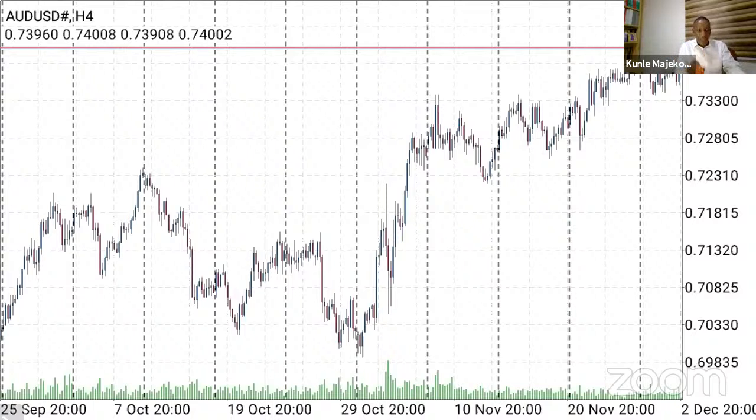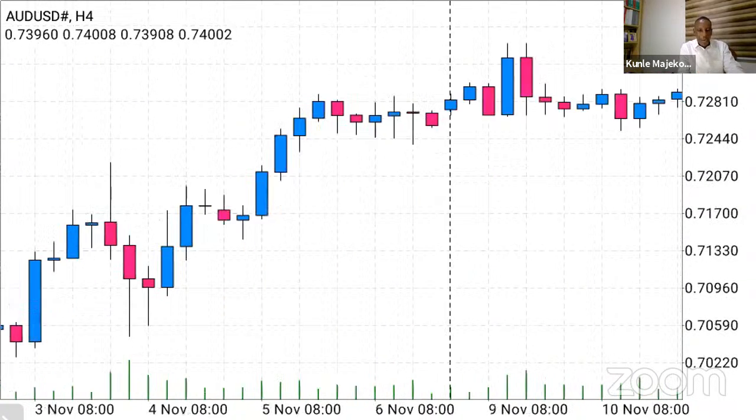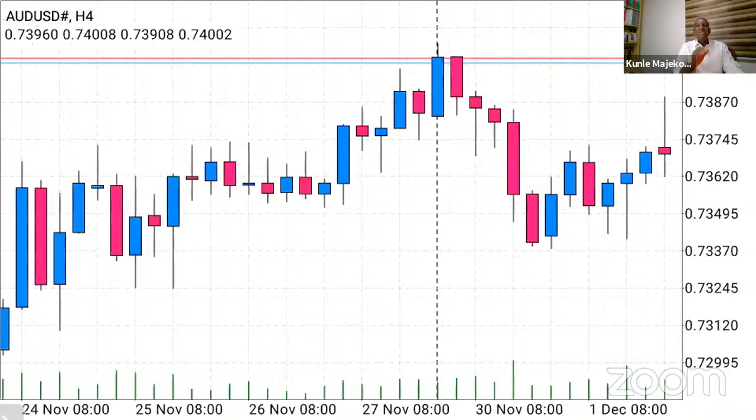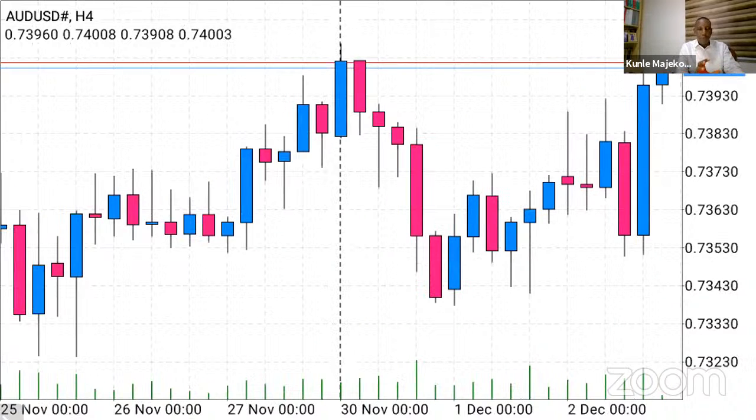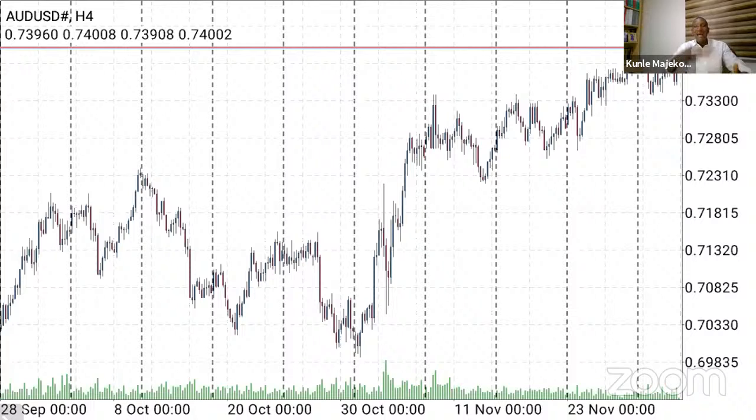You can squeeze it in, or you can expand it. Okay, and what does this tell you? It tells you what has happened in the market. This is usually historical, but it has information that you can use to predict the next move of the market.